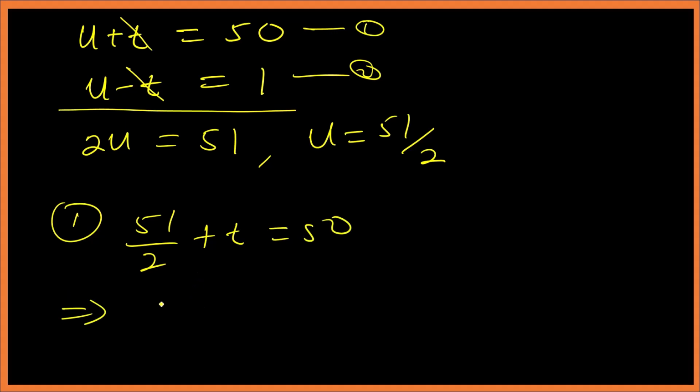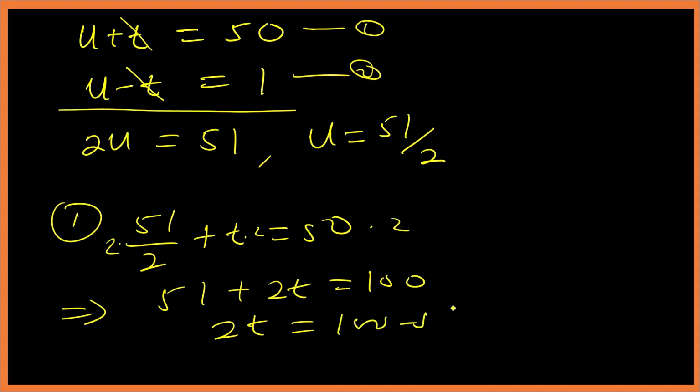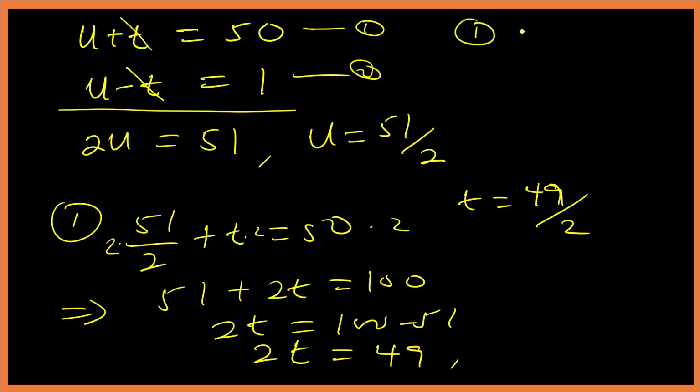Let's multiply both sides by 2, so we have 51 plus 2t equals 100. So 2t is 100 minus 51, so 2t will be 49. So my t here will be 49 on 2. So the first case has given us u equals 51 on 2, t equals 49 on 2.